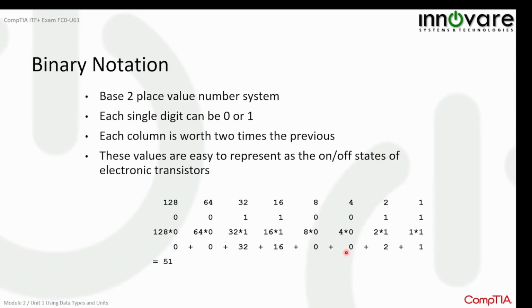And we have a binary 1 at 16, so 16 times 1 is 16, and another binary 1 at 32, so 32 times 1 is 32, and there's no binary at 64 or 128. You sum all of this and it is equivalent to 51. So ganyan ang binary notation.